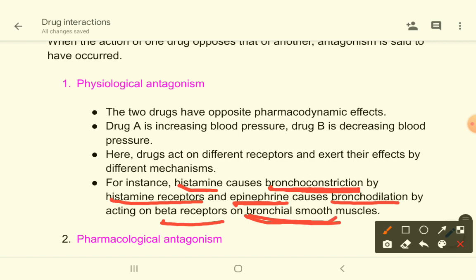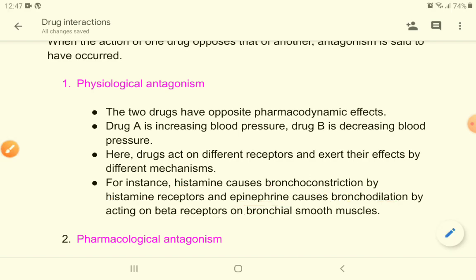So on bronchial smooth muscles there are histamine receptors and there are beta receptors. Histamine acts on histamine receptors and causes bronchoconstriction, and epinephrine acts on beta receptors and causes bronchodilation.